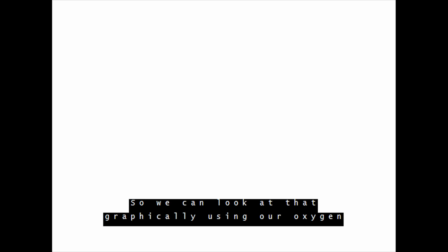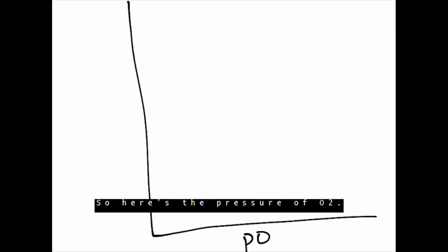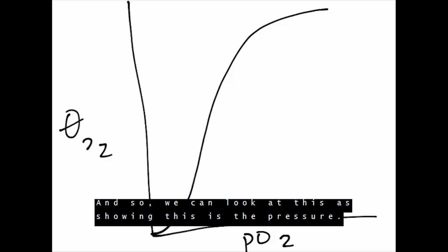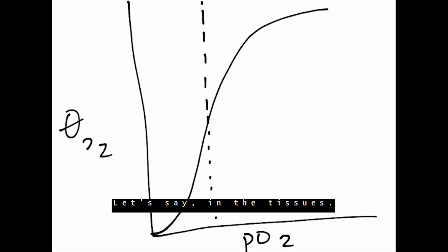So we can look at that graphically using our oxygen binding diagram. So here's the pressure of O2. Here's the saturation of O2. So here's our regular curve. And so we can look at this as showing this is the pressure, let's say, in the tissues.